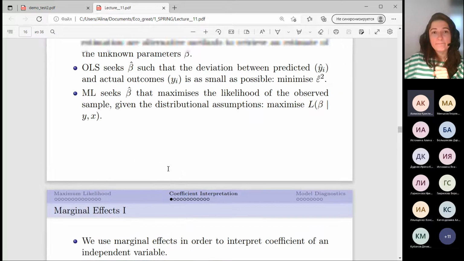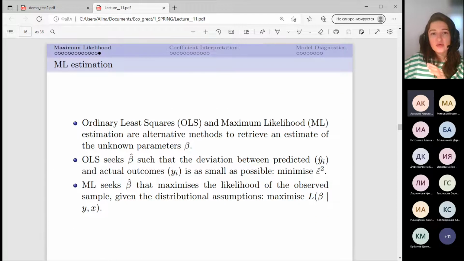Okay, and I hope that you understand in general what it means, but I also recommend you to read at home the chapter from the books that I recommended, which you can find on the last slide of this presentation.